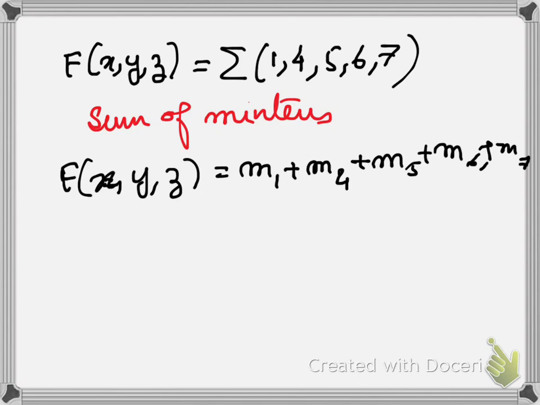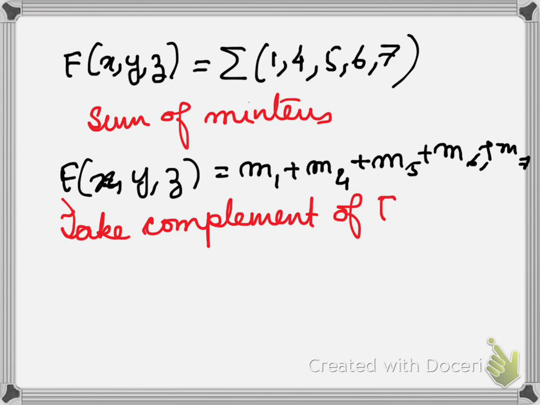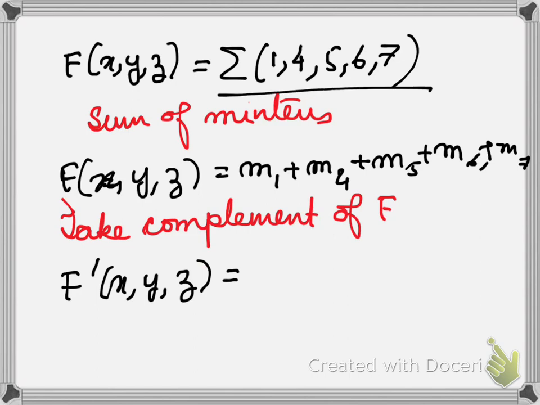Now I'm going to take the complement of f. So when we take the complement of f, I get f dash (x, y, z) is equal to, now if you can recall from the truth table, the min terms are the ones which have a 1, and the complement of the function would be the ones which have a 0.